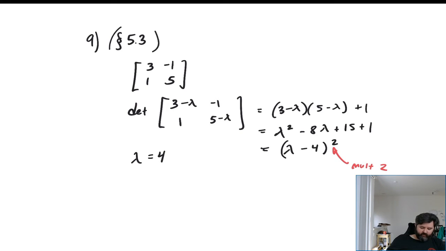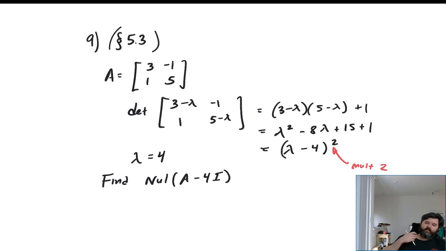So what we have to do now is compute the null space of A minus 4I. I call it matrix A, it didn't really have a name. Compute the null space of that matrix. So I'm going to add a new slide here.